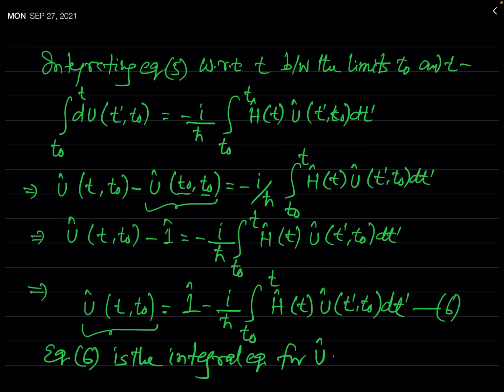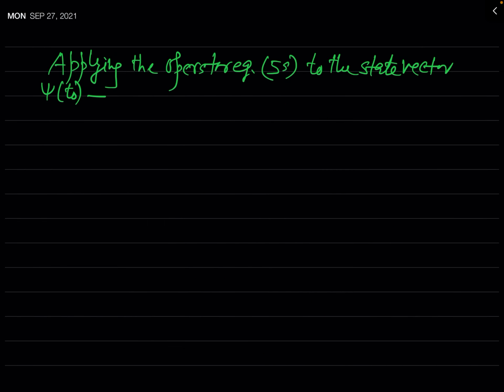So you can see what will be our result. This will be i h bar del u hat of t comma t naught by del t, and this will be operated on psi of t naught, or you may also write ket psi of t naught.